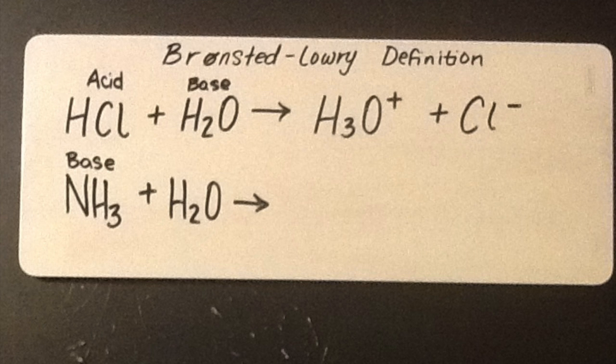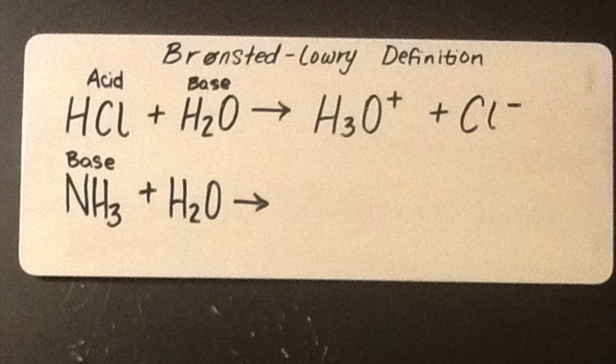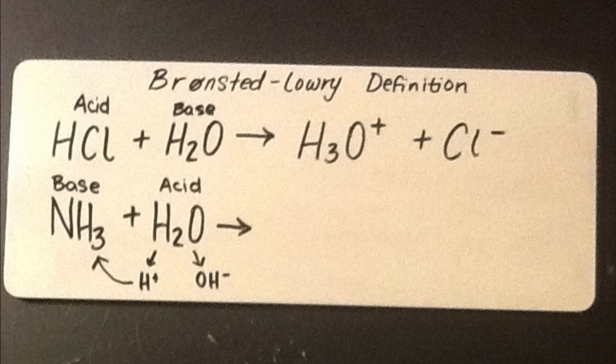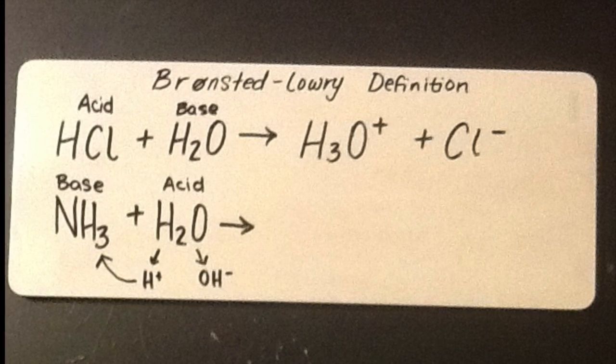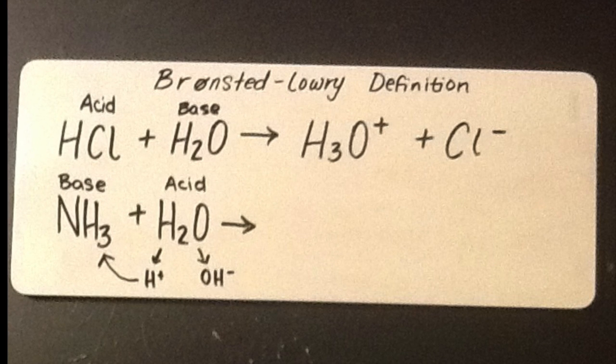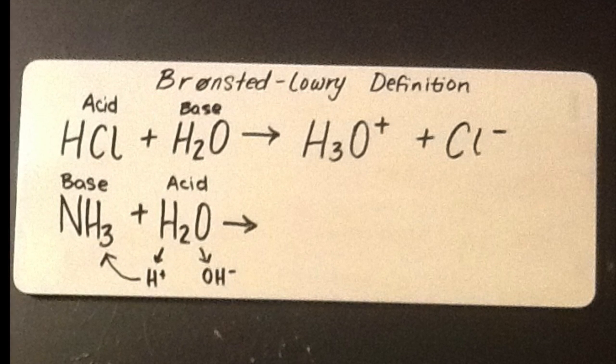If NH3 is a base, that means it should be accepting H+, which means that water has to be an acid in this case and donate the H+ to NH3. If we look at how water splits up, it's going to split up into H+ and OH-, and it's going to donate the H+ to NH3.